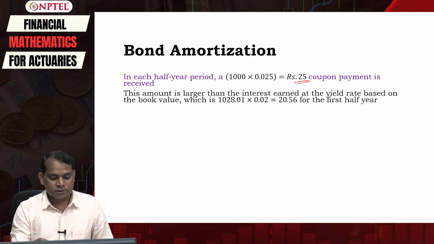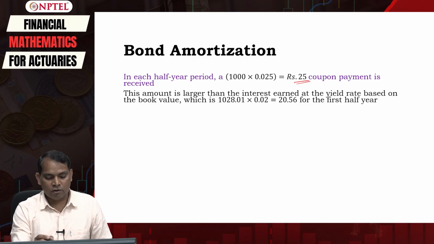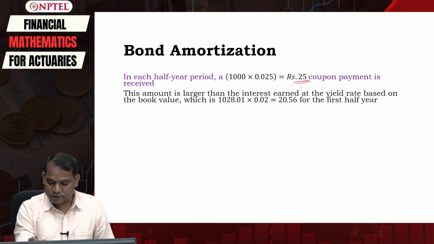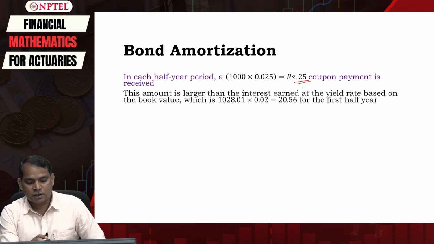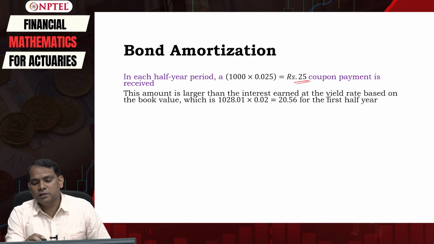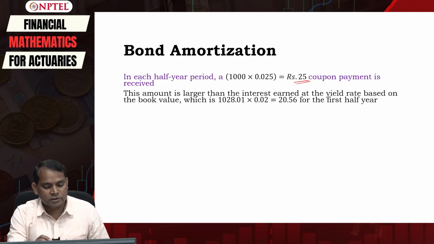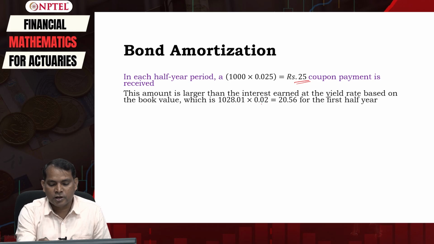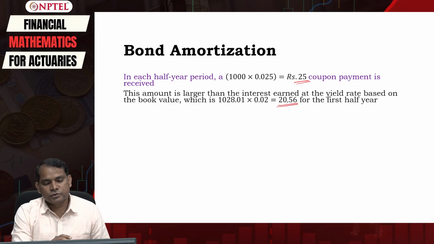This amount is larger than the interest earned at the yield rate based on the book value. The interest is computed as the book value, that is the price of the bond, multiplied by the yield rate 0.02, which is equal to 20.56 for the first half year.